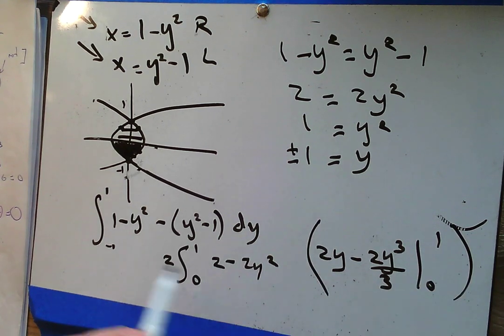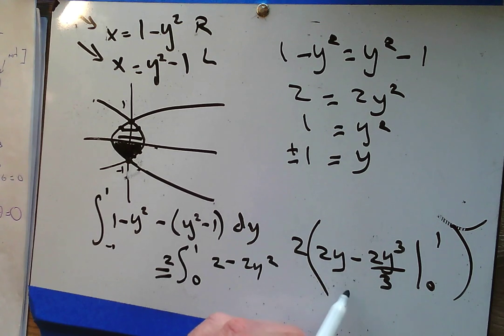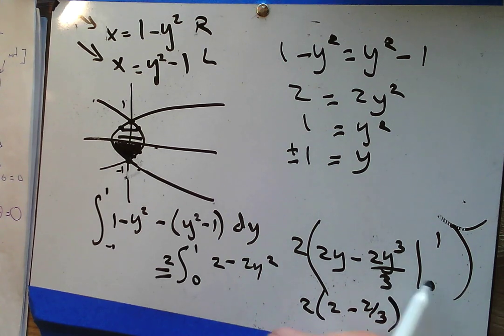And don't forget, all of that is times 2. So I plug in my 1 and I get 2 times 2 minus 2/3. 0, nothing happens. So 6/3 minus 2/3 is 4/3 times 2, or 8/3 is my area here.